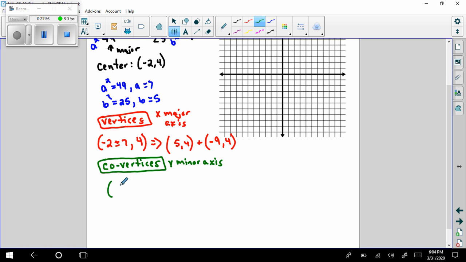My h value stays the same, and my center k is plus or minus B. So my co-vertices are sitting at -2, 4 plus 5 is 9, and -2, 4 minus 5, which is -1.